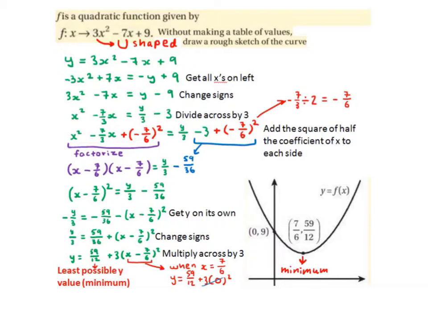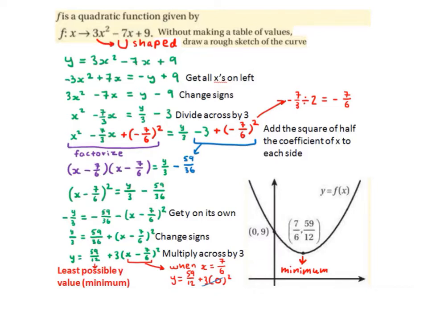So in general, once we have written our equation in this format, whatever value we have here, the x value of the minimum point of our graph is going to be this number with the opposite sign. So in this case, this number is minus 7 over 6, so our x value is positive 7 over 6.